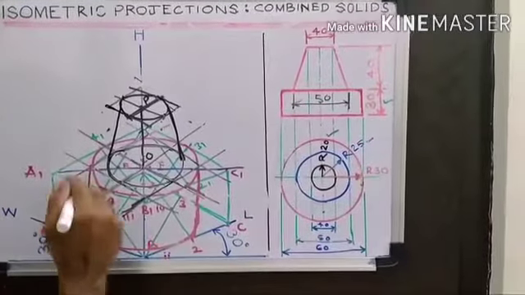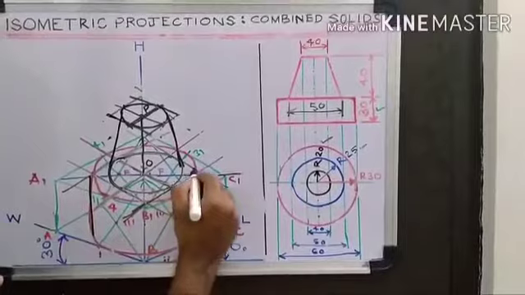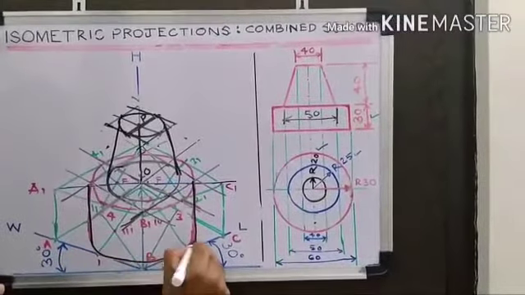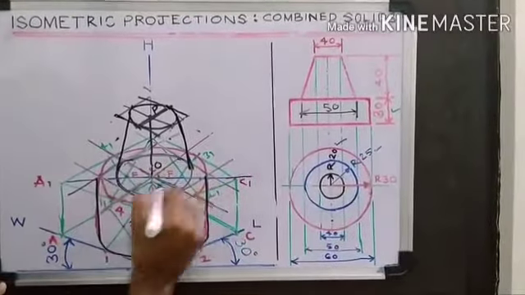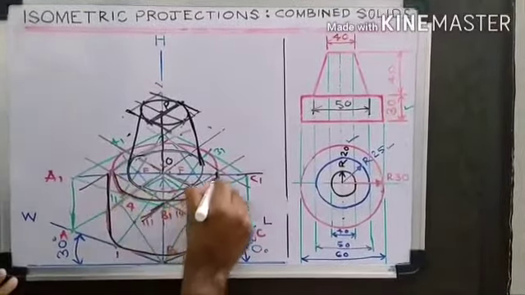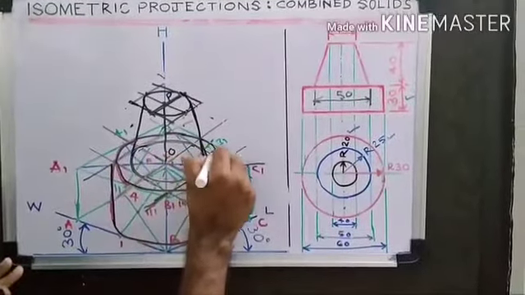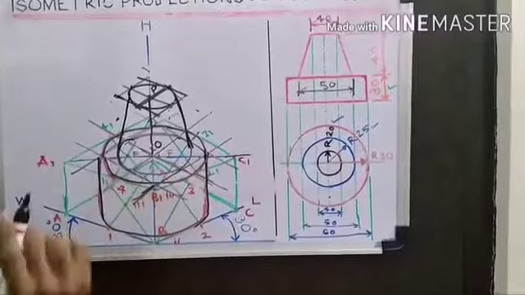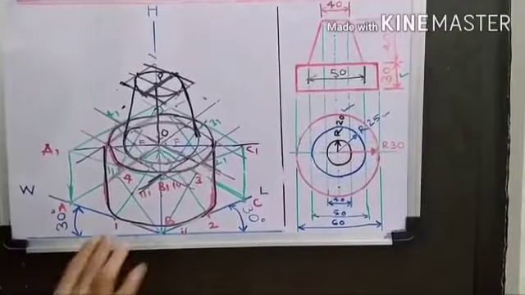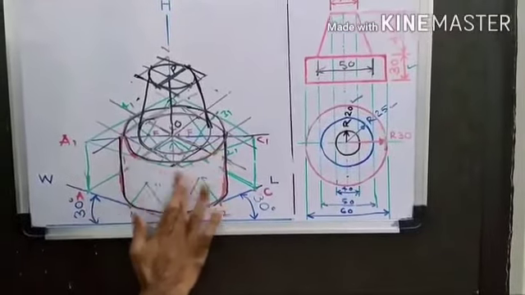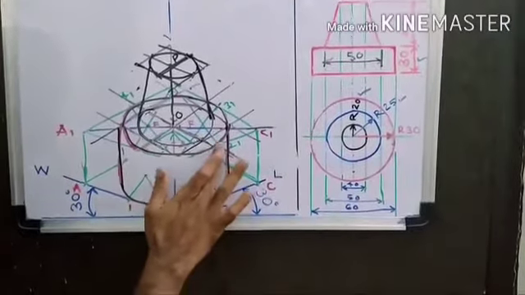Now I am sketching it again. Only black shade. I am making it dark with HB pencil. This is the portion which is going to be with us. Now you can see this sketch which is going to be visible. This is going to be visible.